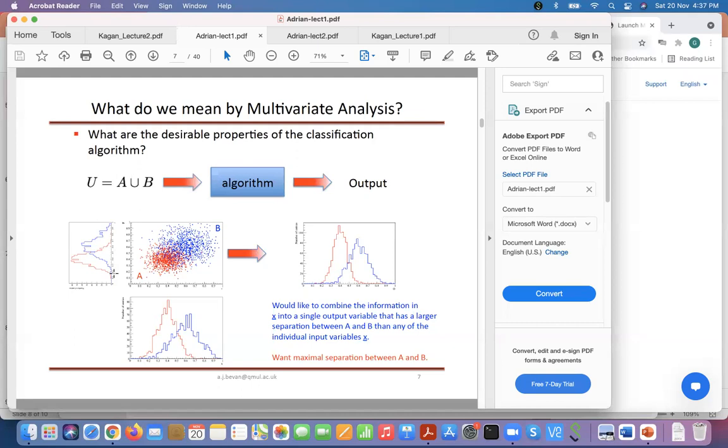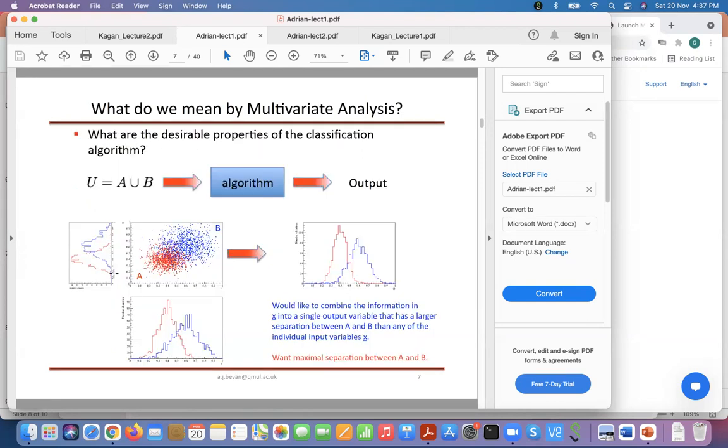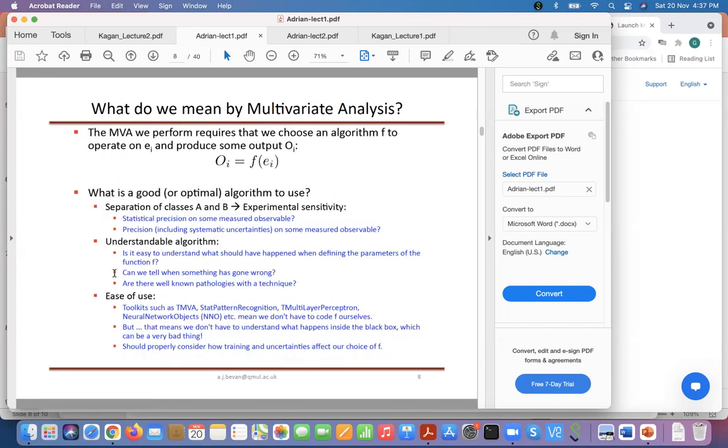So depending on what you want to do, you apply a cut on one variable, then go to the second variable, but every time you apply a cut, there will be some efficiency loss involved, and you want to get the best possible classification scheme by taking the information from both these input variables. So instead of putting cuts on two variables independently, you want to deal with one output variable which optimally combines the distinction power of the two variables, and that gives you better sensitivity.